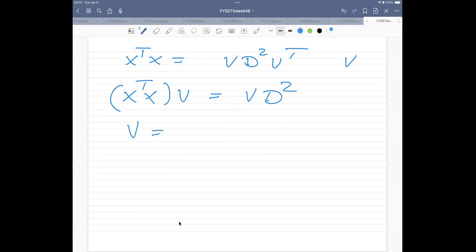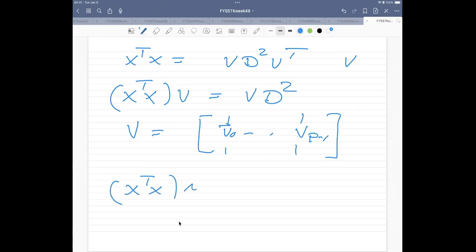And V is now just one of these eigenvectors, v0 all the way up to vp minus 1. That means that x transpose times x has the v's as eigenvectors and the sigma i squared as eigenvalues. So the matrix x transpose times x has as eigenvalues the squared singular values, and these are the variances.